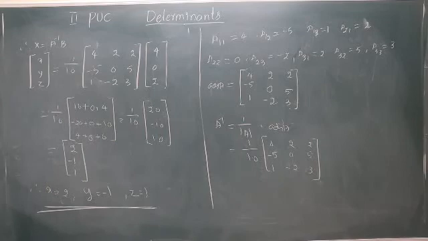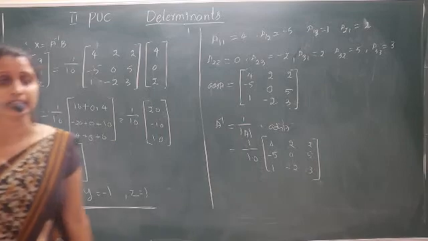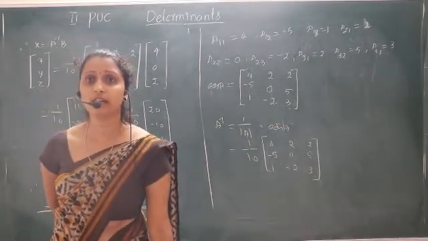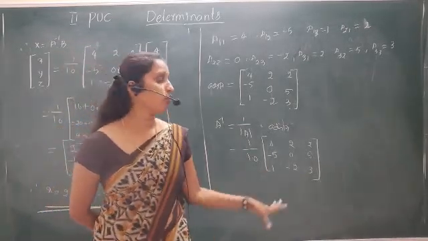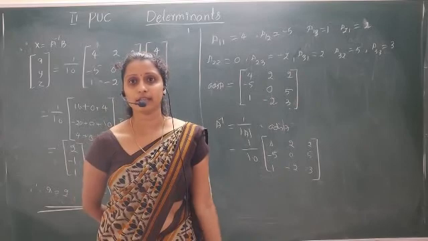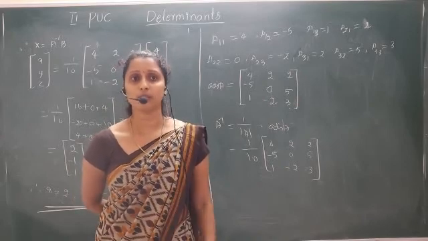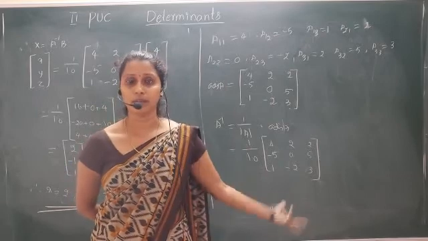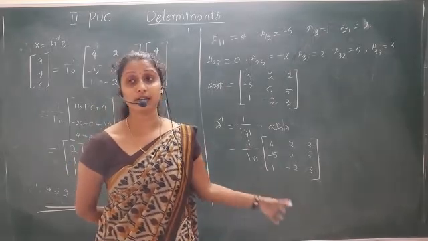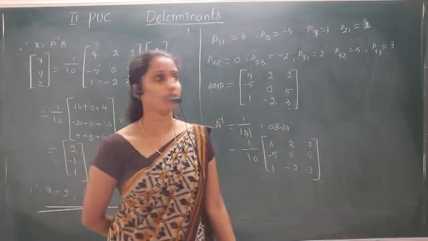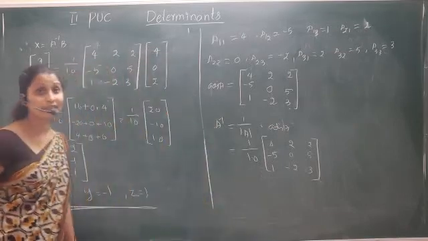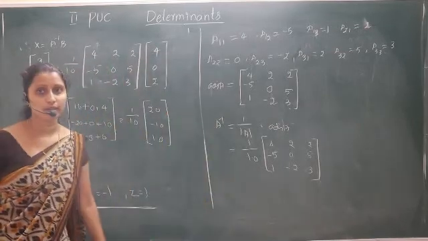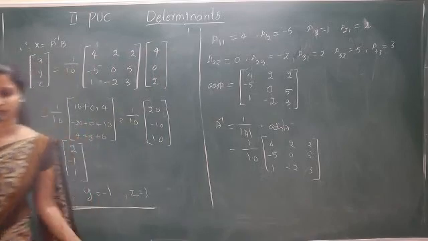So this is one more type of problem, finding the solution of a system of equations of three variables. We solve many problems of the same kind. Go through this one problem, it is very important for 5 marks. This kind of problem for 3 unknowns is a very important one. Thank you.